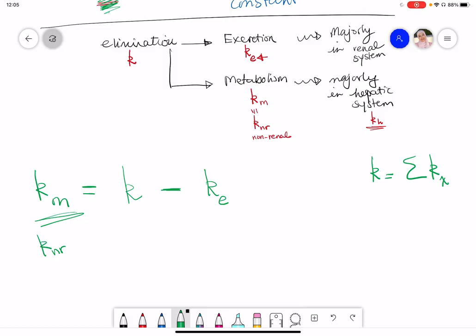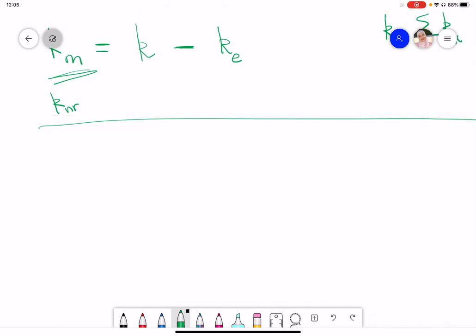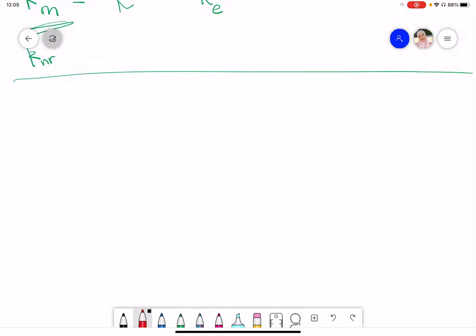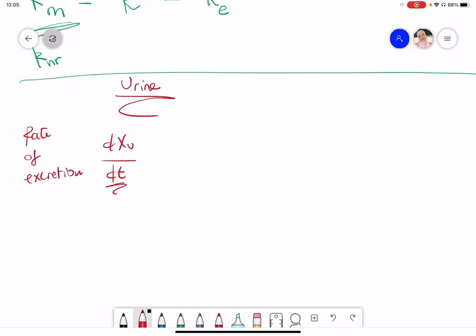Now I will talk about an important note about the excretion rate constant, or when we use the urinary excretion rate to determine K and Ke, the determination of those main parameters. Okay, so again, we said that we use whatever is excreted in the urine as the rate of excretion, as amount excreted in the urine per unit of time, right?